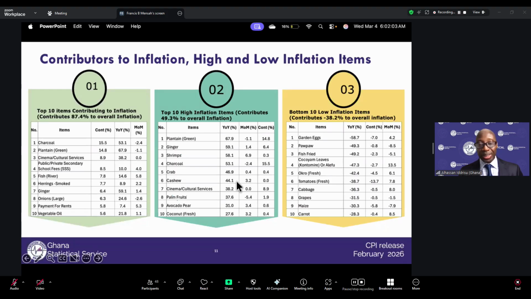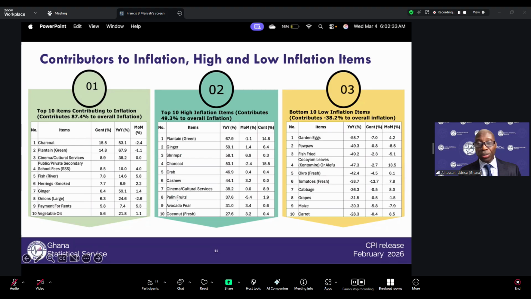So if I should put it simply, prices of goods and services, if you put all goods and services we consume together, prices increased by 3.3%. But I must say that this 3.3% increase I've mentioned is bringing together price changes of 307 items in the inflation basket. 307 items.